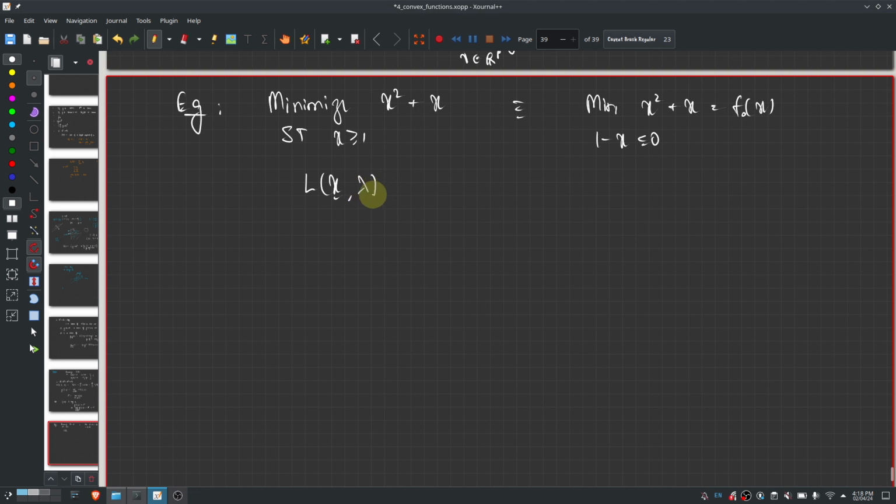I only need a single lambda. I have no equality constraints, only one inequality constraint. So corresponding to that, I have a Lagrange multiplier of lambda. Right, so L of x comma lambda is simply going to be x square plus x plus lambda into 1 minus x.